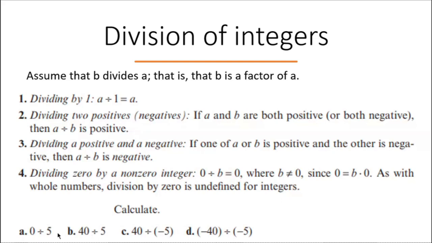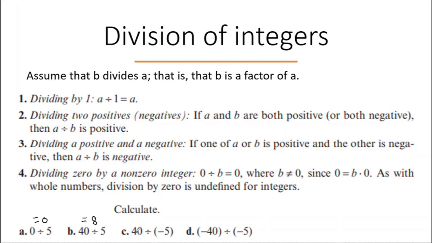Okay, let's calculate the following. So letter A, 0 divided by 5 is possible. So the result is 0. And for letter B, 40 divided by 5 is possible. So it will become 8.